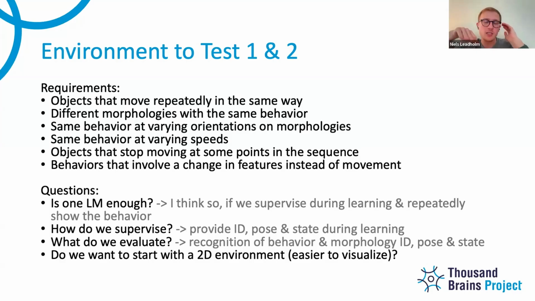The alternative to this is voting. Providing that supervision is a way to avoid having to sort out voting from the very start. Well, I don't think you need voting. Imagine we're just looking at something moving up and down like the stapler head, or maybe it has a little fancy pattern. It goes down and up and down. Throughout its sequence, there are a couple of points where the input is the same.